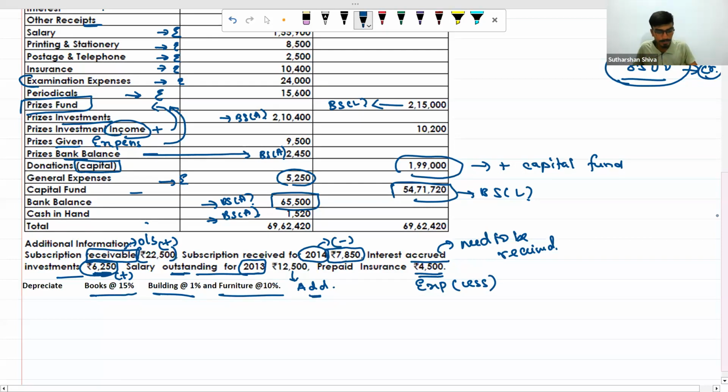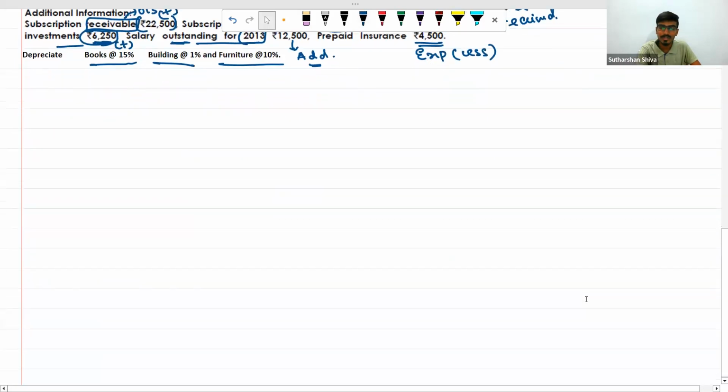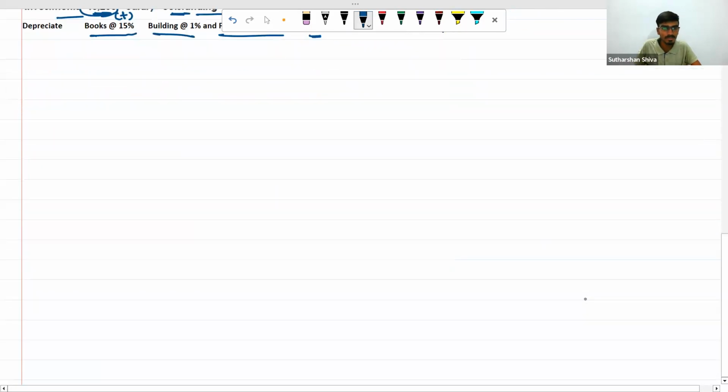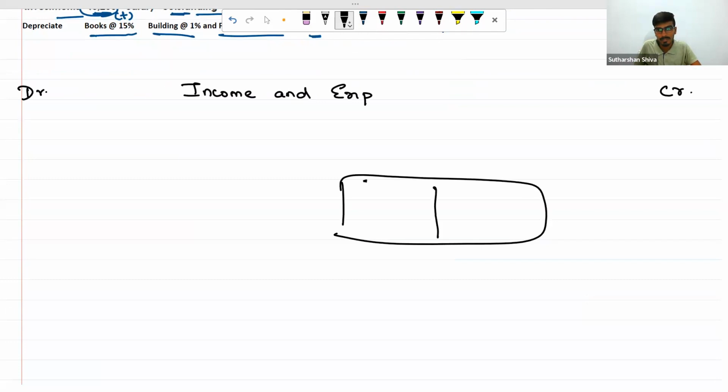Here it is our duty to prepare the income and expenditure account and balance sheet. We will show it in working notes also. Working notes, if you want, we will prepare, or else we will directly present our answers. First, write down. In your examination, the first page is your income and expenditure, and the next page is the balance sheet for this question.